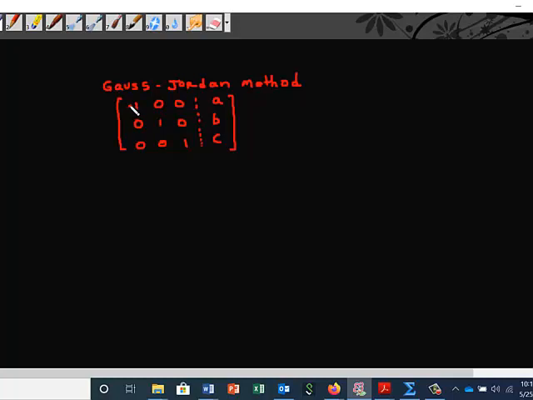But you have to remember to divide the other numbers in this row by 4 as well. As you go down to get these positions where you like, you can also keep going around to get a 0 here, a 0 here, and a 0 here.